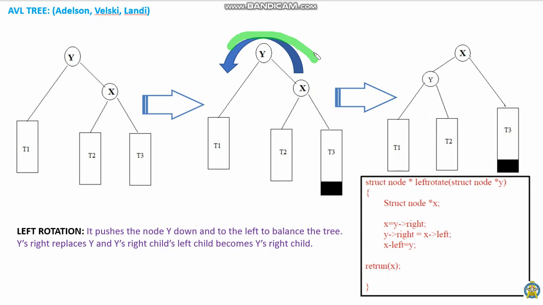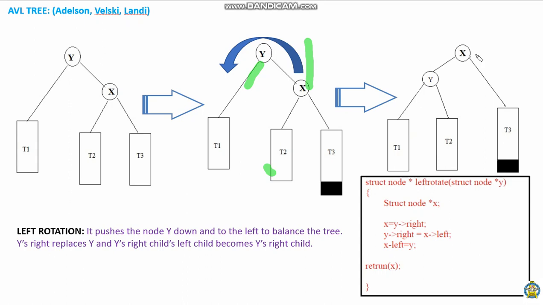So x goes up, and y gets pushed down. Okay, and y gets pushed down, so y's right side is free. So this node, x's left, gets connected to y's right, and y gets connected to x.